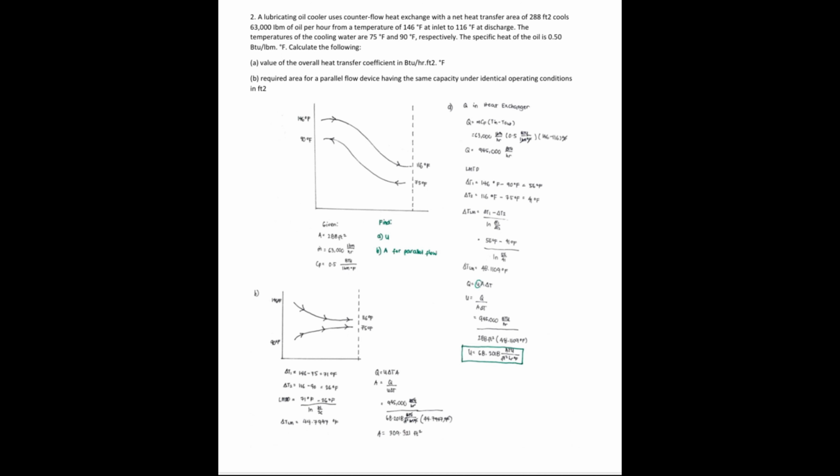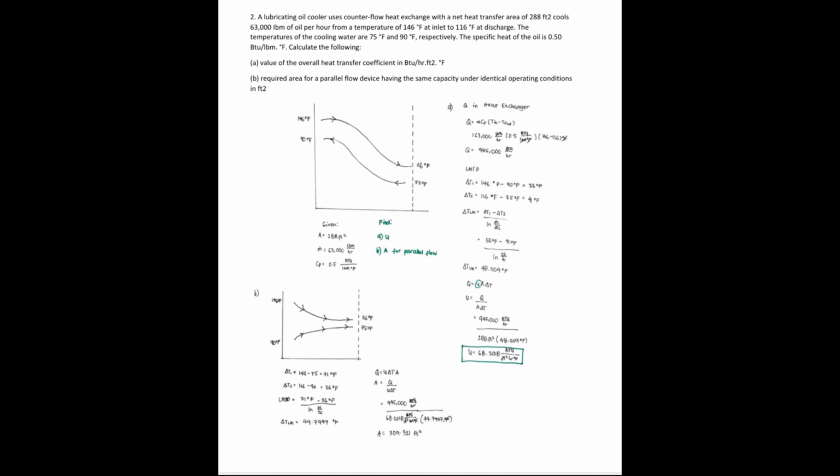Substituting the value, we will get 56 degree Fahrenheit minus 41 degree Fahrenheit all over ln 56 over 41. So, ang makukuha nating log mean temperature difference is 48.1109 degree Fahrenheit. So, nakuha na natin yung mga need na value sa formula.